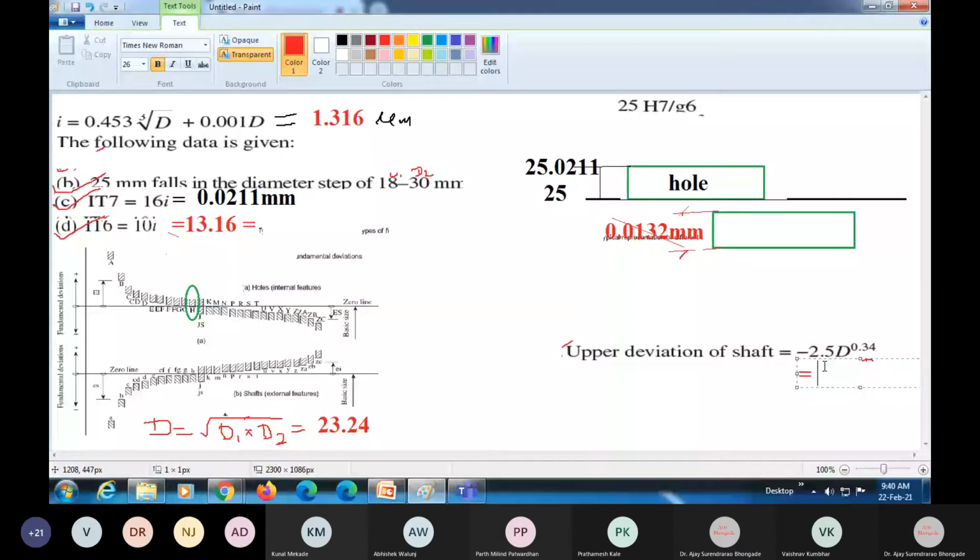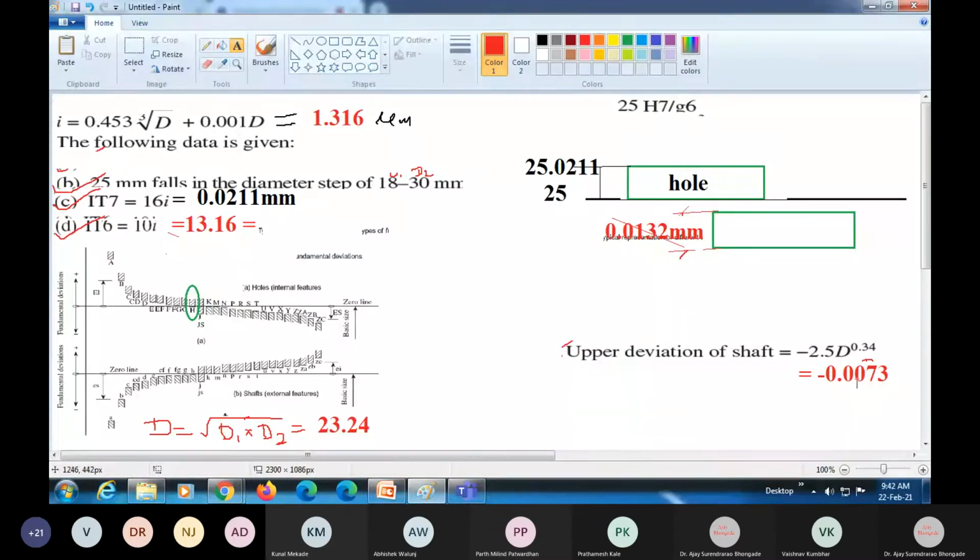Am I right? Yes, minus 0.0073. As we can see on the screen now, minus 0.0073 will indicate the upper deviation. So if I write it on the screen now, the upper deviation of the shaft is minus.